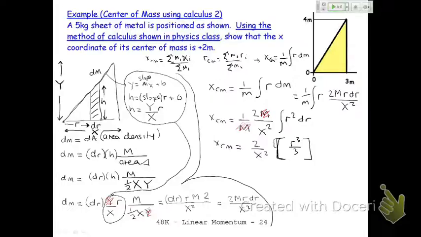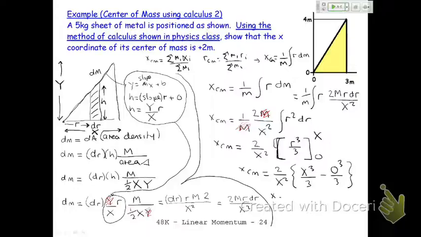And the boundary, I'm going to be kind of, because it's on the axis, because it's starting on the x-axis, I can do this trick where I go, well, it's just going to be 0 to big X. So I say x centre of mass is equal to 2 over x squared, and then I'm going to go x cubed over 3 minus 0 cubed over 3.